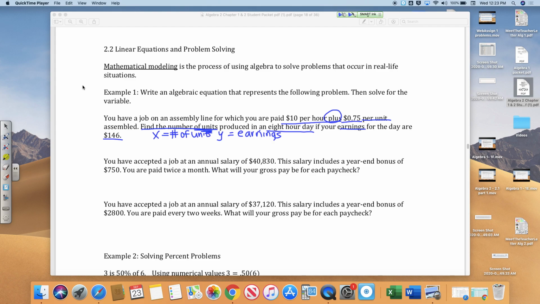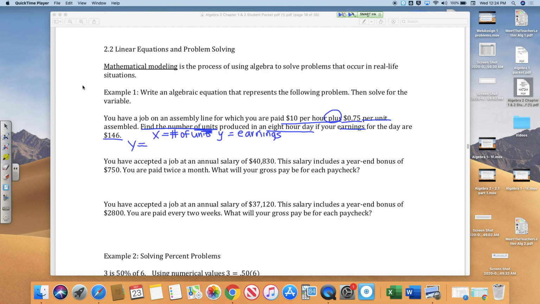Okay, so let's create an equation. So we know that our earnings, which is Y, is equal to, up here we can see we get $10 per hour plus 0.75 cents per unit.